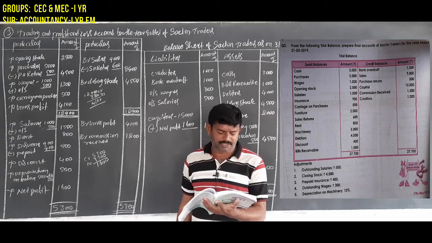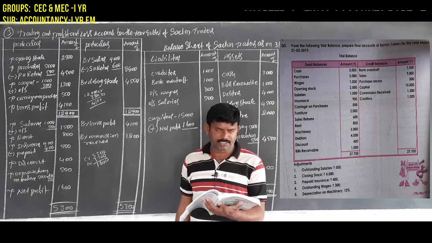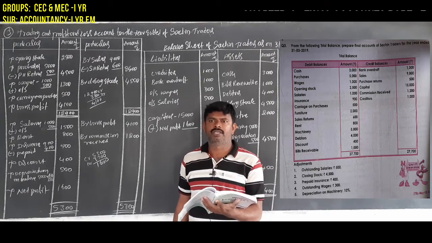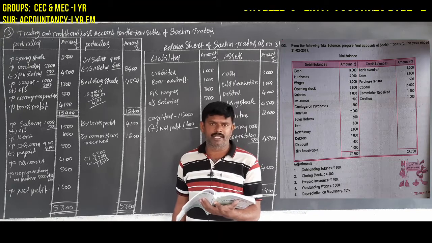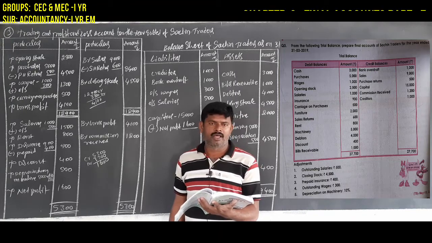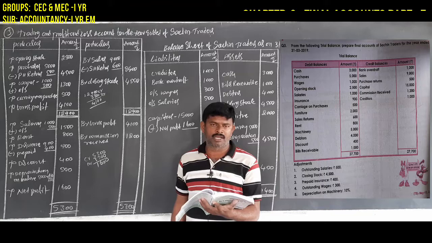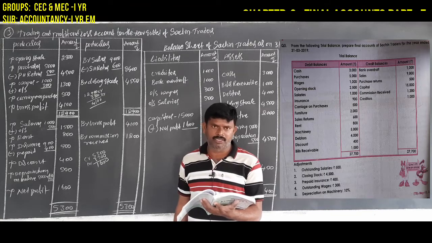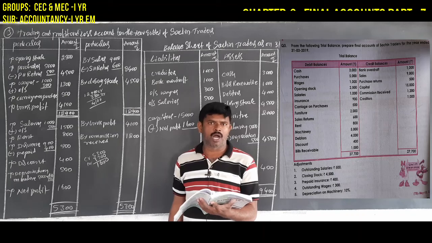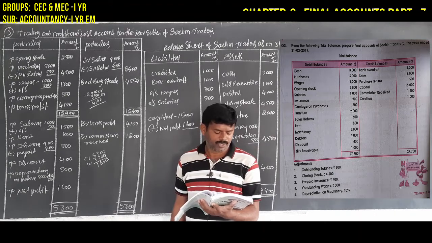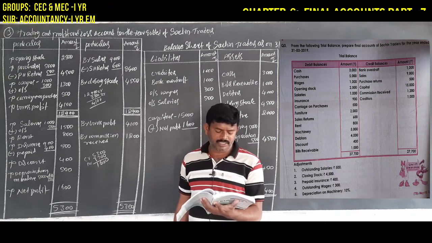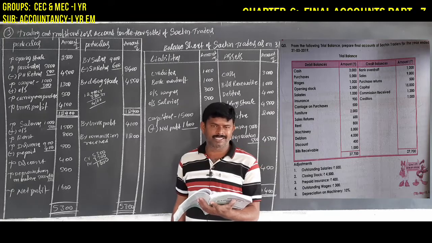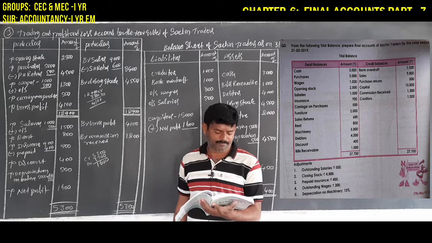Come to the adjustments. Every adjustment must be effective in any two accounts, either trading account or P&L account, trading account or balance sheet, P&L account or balance sheet, whatever it may be. It should be recorded twice in two respective accounts. Outstanding salaries must be added to salaries and the same amount must be recorded on the liability side.